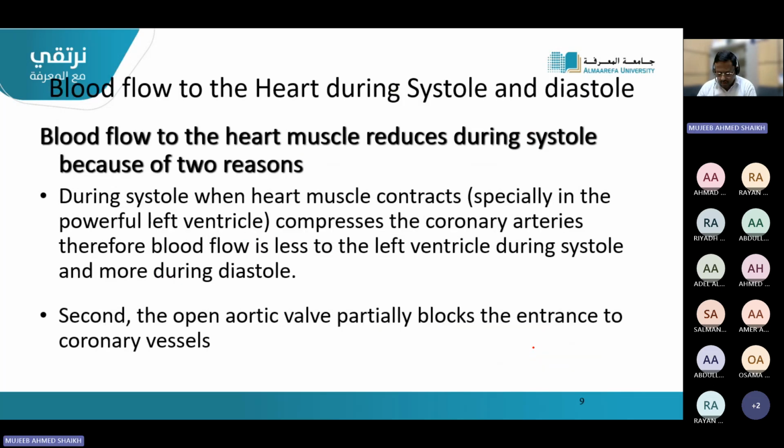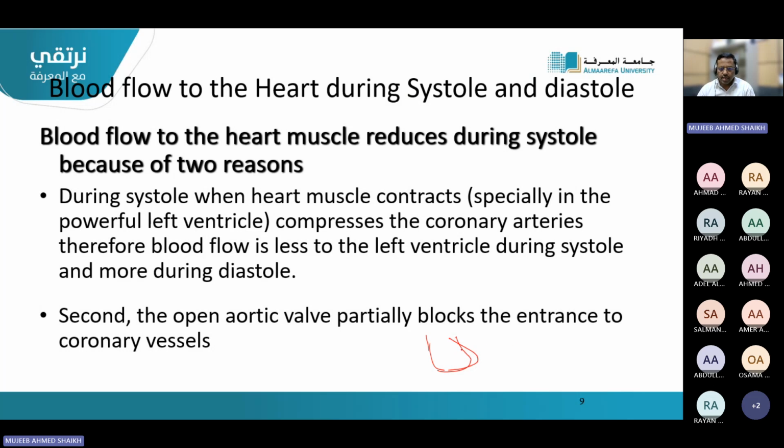So how does the flow to the cardiac muscle come from the coronaries? Suppose this is the heart. My drawing is not so good, but let's assume this is the heart.